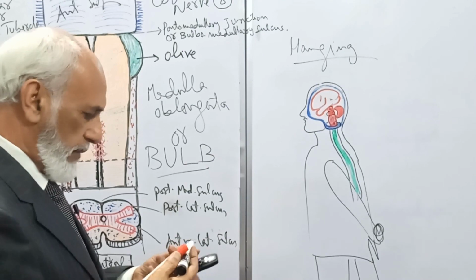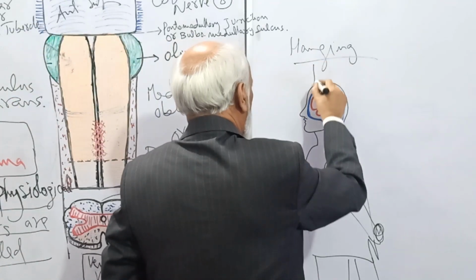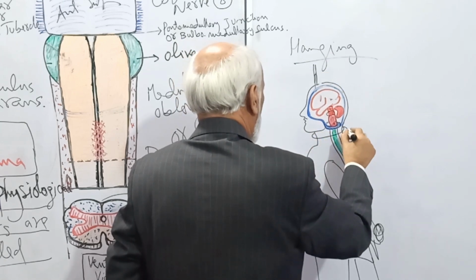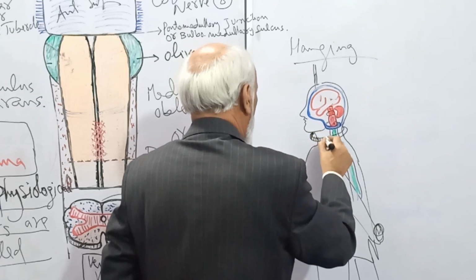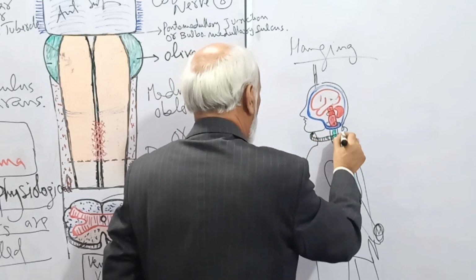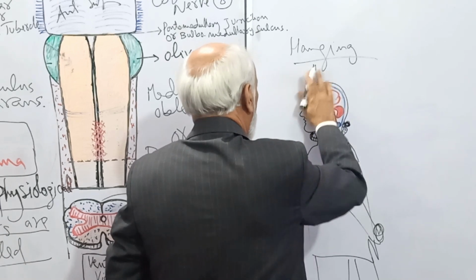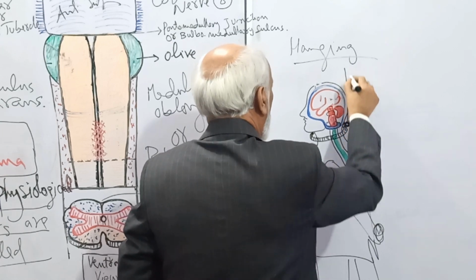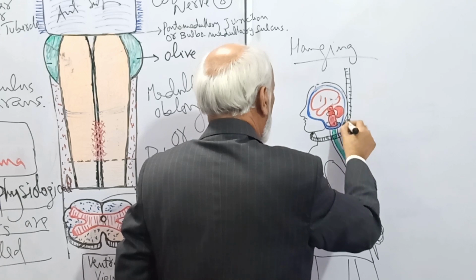Now the rope is passed round the neck. And the knot is here, knot of the rope, posterolaterally.